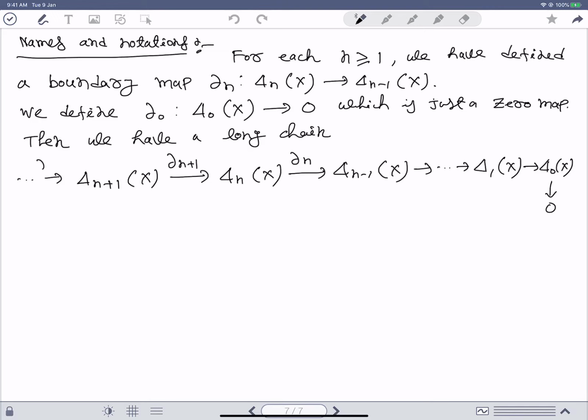So here we will have del n plus 2, here we will have del n minus 1. So del will be del 2, this will be del 1, and this will be del 0, which is just a 0 map. Okay, and here del some mx can be 0.